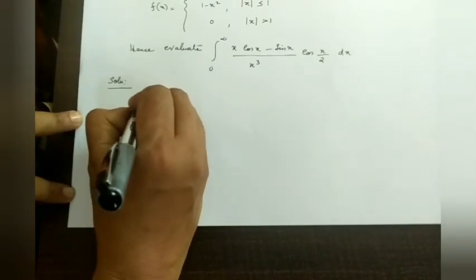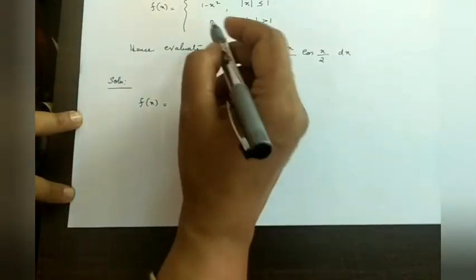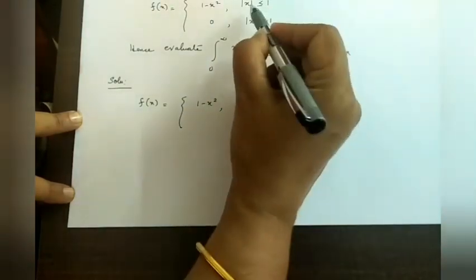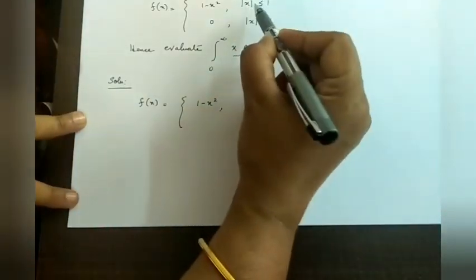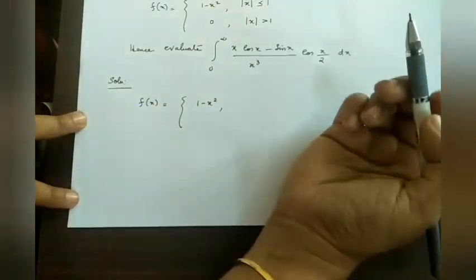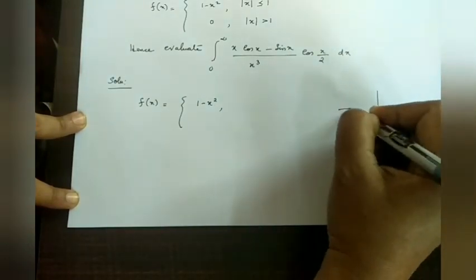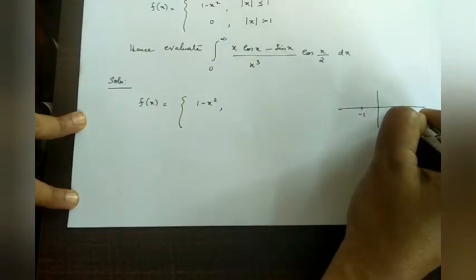consider f(x). Here f(x) is defined as 1 minus x² in the interval |x| less than or equal to 1. What do you mean by |x| less than or equal to 1? That is from minus 1 to 1.